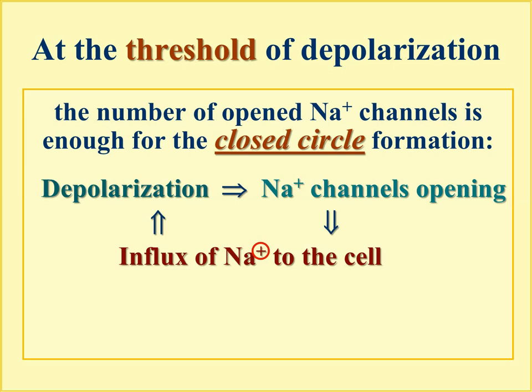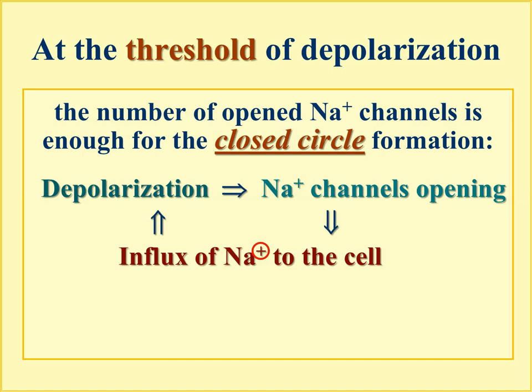But if the initial stimulus causes depolarization which opens not enough sodium channels, then the entry of sodium will produce depolarization less than the initial one. Because initial depolarization will not last forever. It lasts for a short time. It manages to open some sodium channels, and this depolarization disappears by itself.